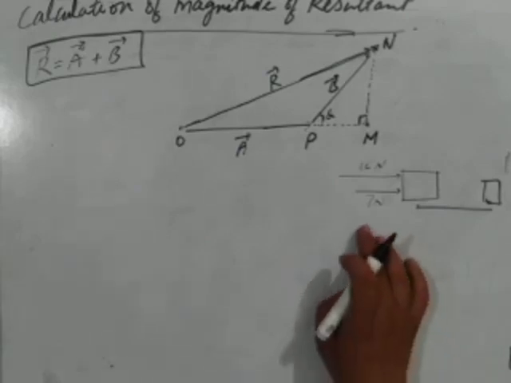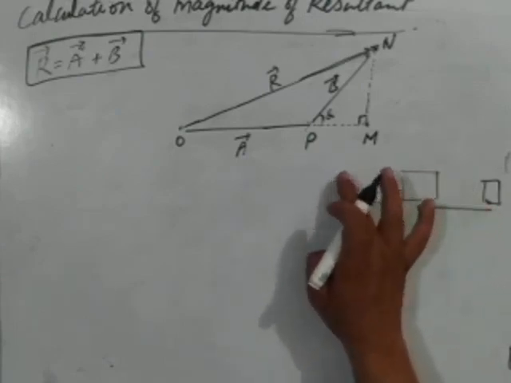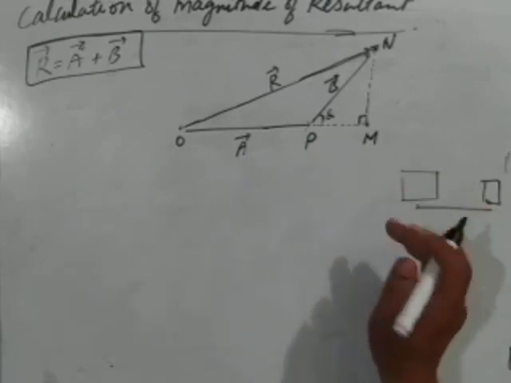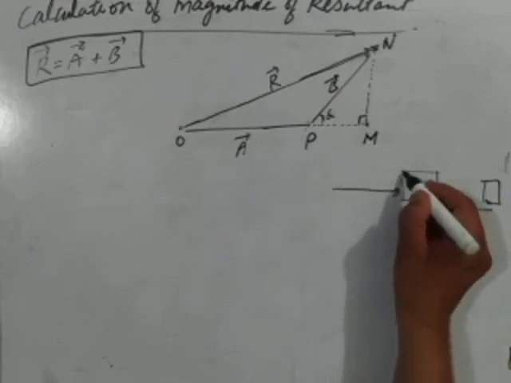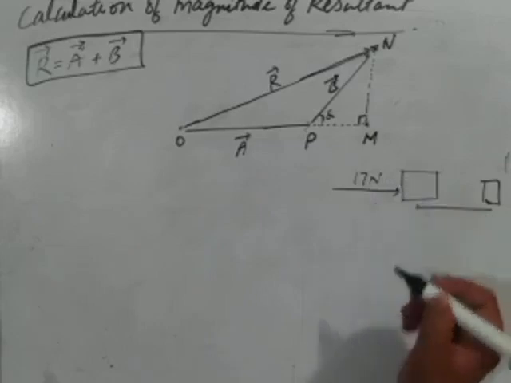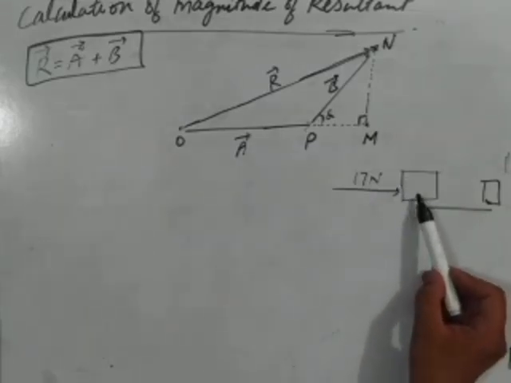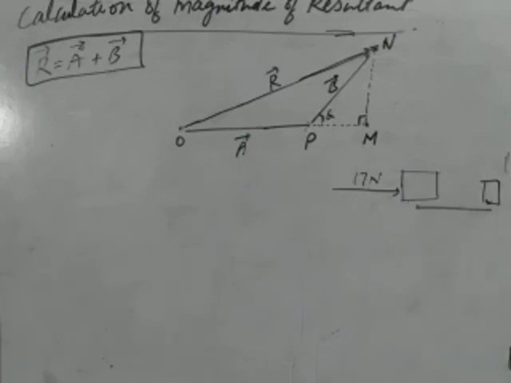Now if we remove these two forces and apply only a single force of the value of 17 Newton, then this object again moves from this point to this point.